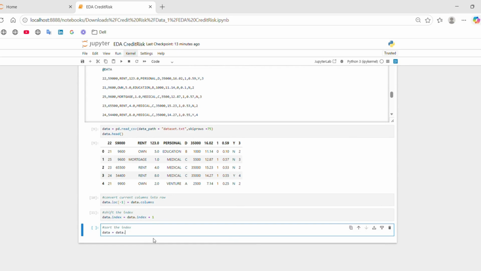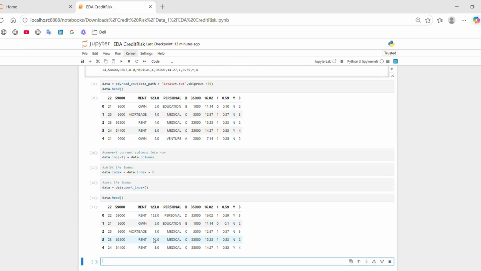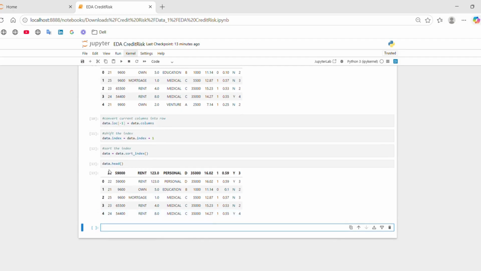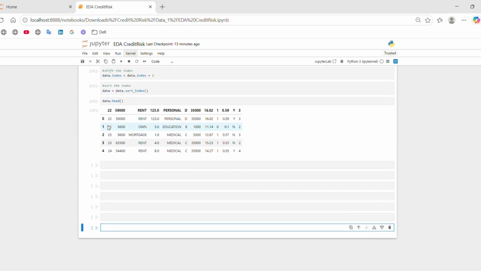For that we have a command, you all know it, sort_index. Now let's see the data by printing the head. So you can see that 22, 59,000 and so on has been in the rows as well.